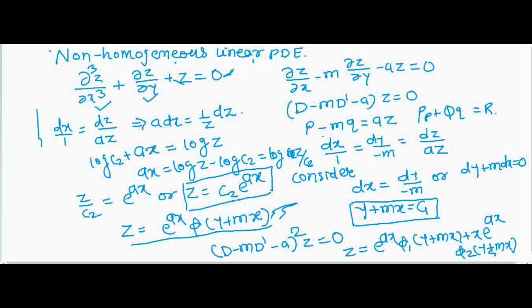Let us see an example of how we can find the solution of such differential equations. Suppose we have an equation of the type (D + D' − 2)(D + 4D' − 3)z = 0.